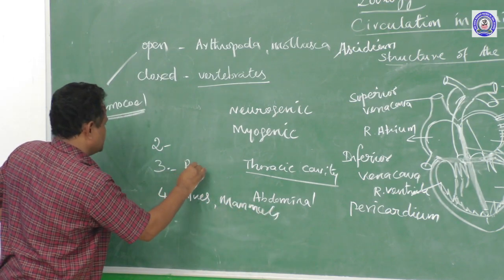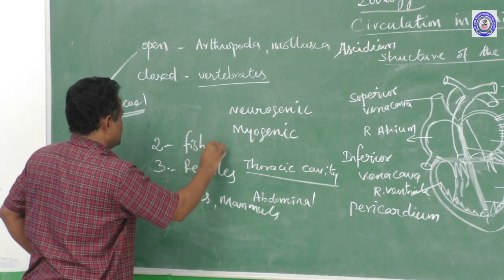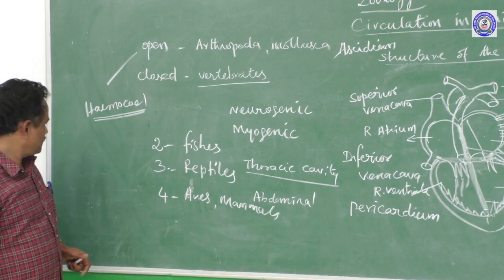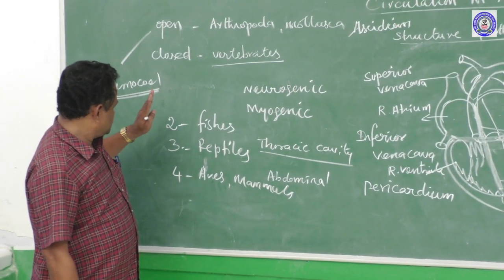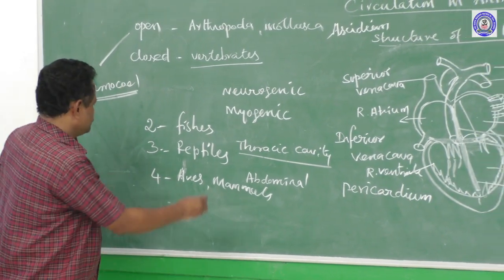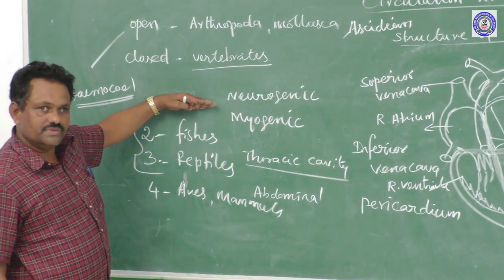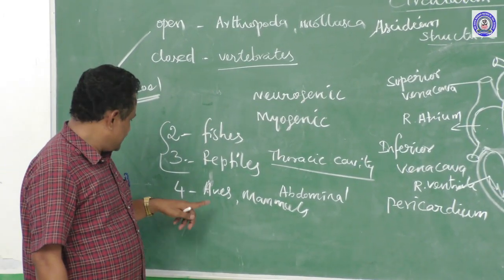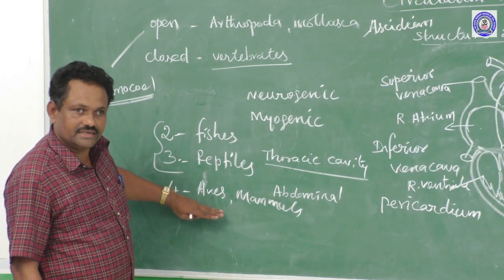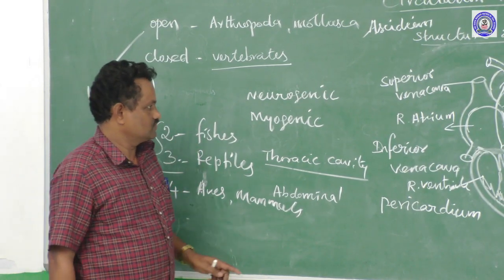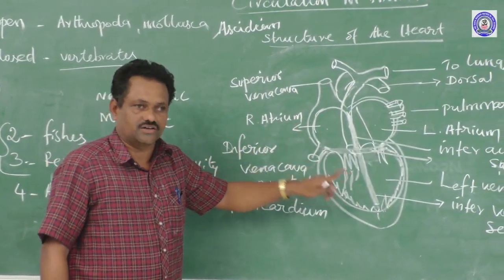In reptiles, amphibians, and fishes, they pump out only mixed blood. But in aves and mammals, the oxygenated and deoxygenated blood never mix. So the right chambers of the heart are called the venous heart.